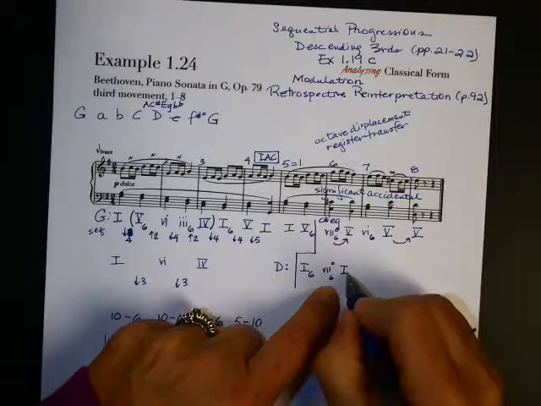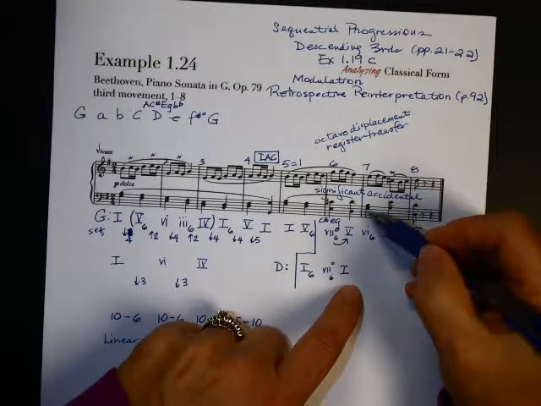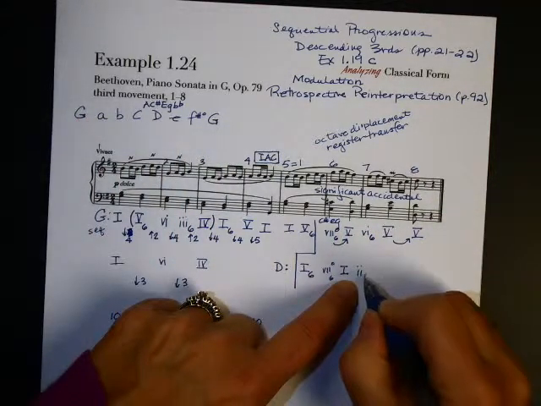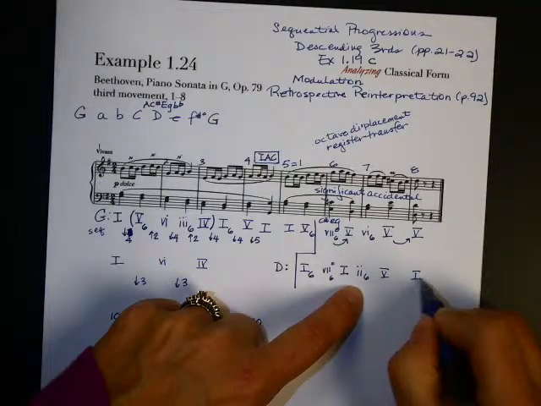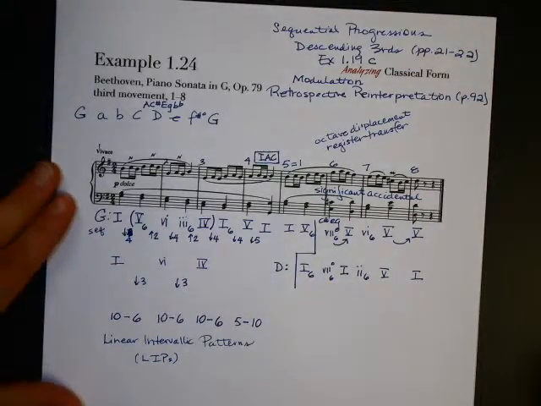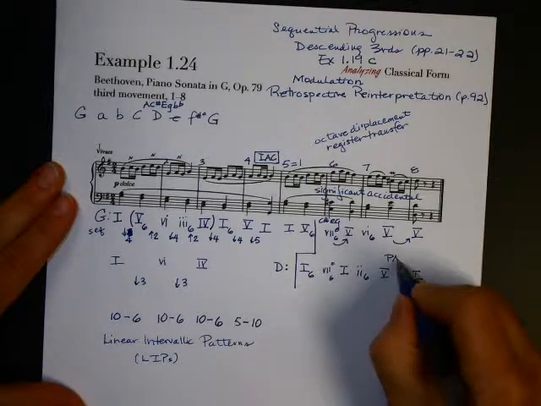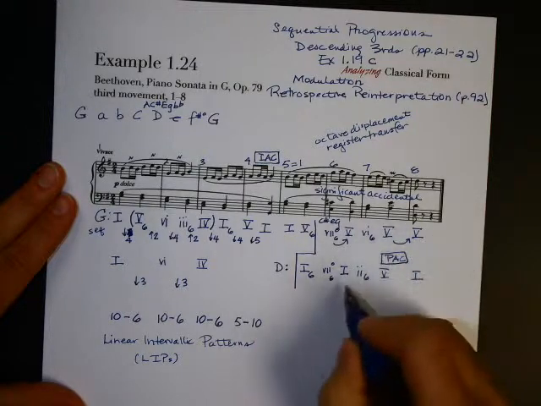E, G, B is no longer 6, but it's 2. This is starting to look familiar. 2, 6, 5, 1. Perfect authentic cadence in the key of D major. Our cadence here is 1, 2, 6, 5, 1.